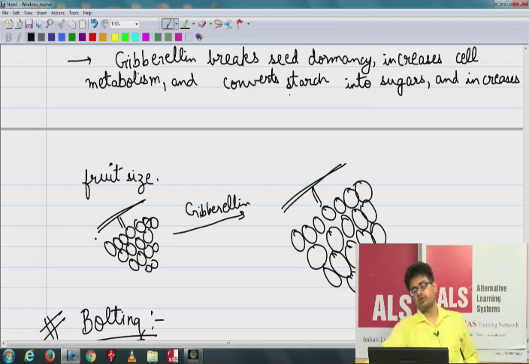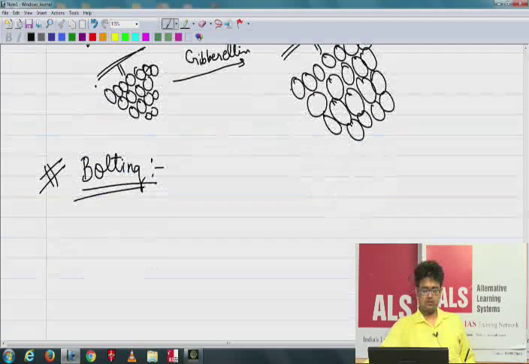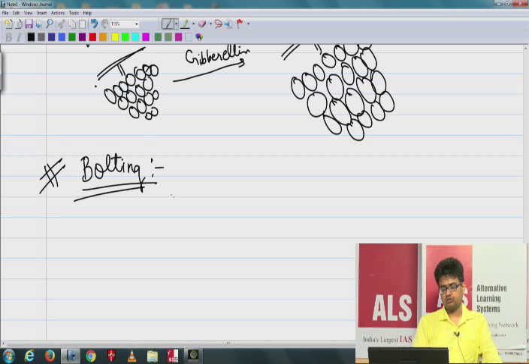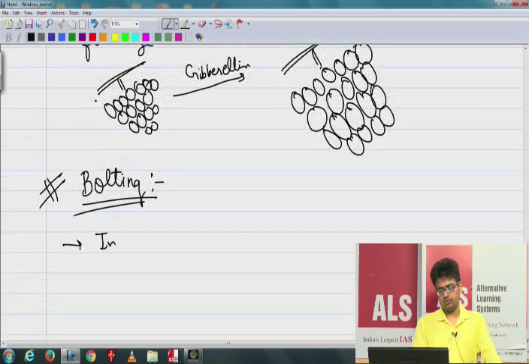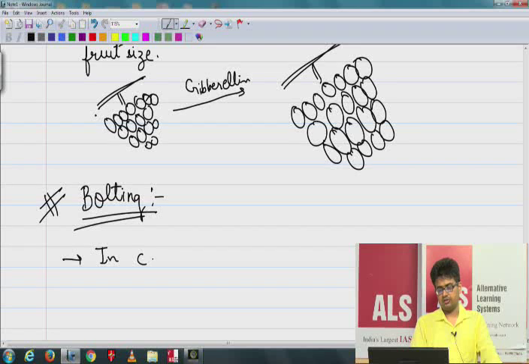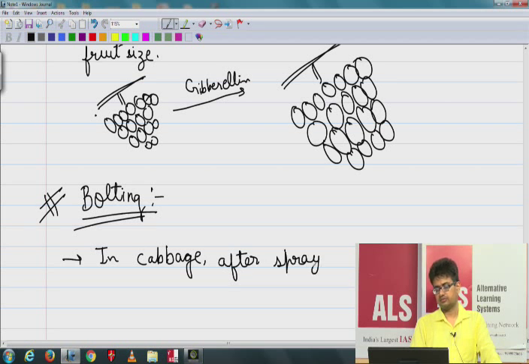Bolting, this is very important. You can see previous year question papers, there is always a question on bolting, and bolting is observed in cabbage. I can show you some images after class. In cabbage, after spraying gibberellins, the plant suddenly changes in appearance.